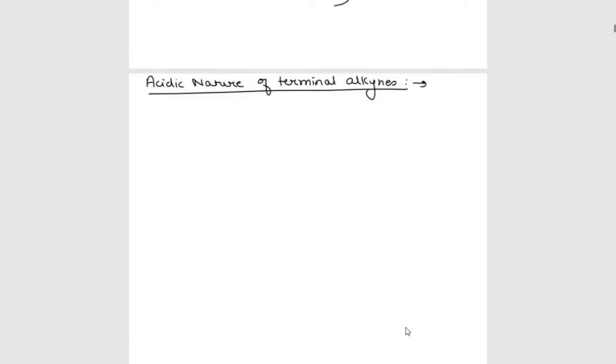Now, what we see is when terminal alkynes lose this H, then the anion formed is an sp hybridized anion, which is with high percentage s character. Okay, it is with high percentage s character.